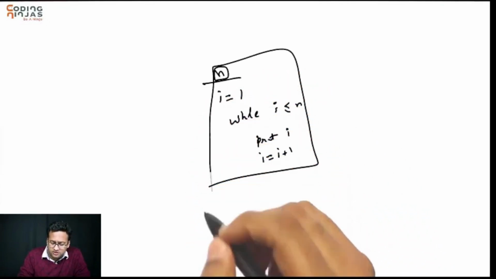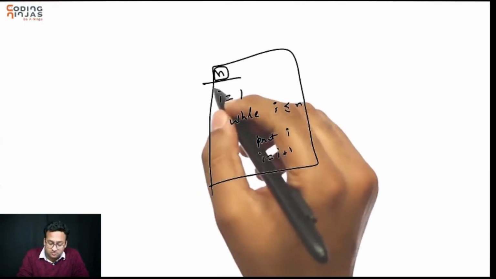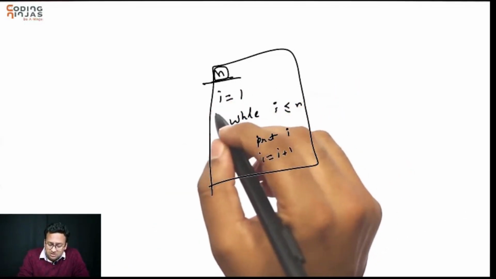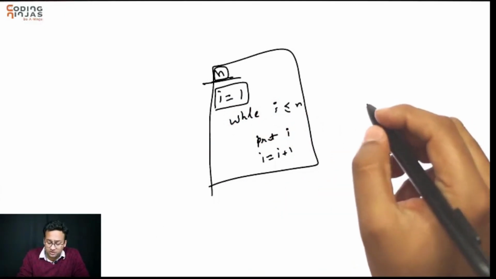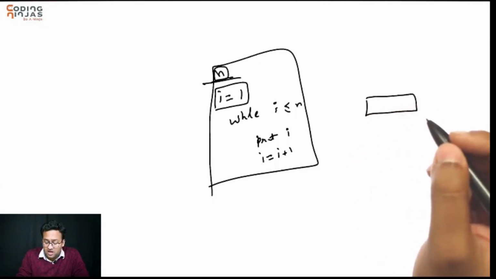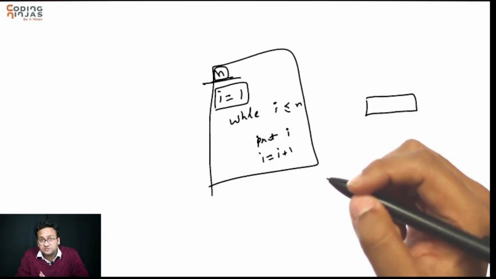So now if you look at this code, you gave it an input that was n. Now I'm just creating one variable, one extra space, just one space for an integer, and that is enough for me to execute the whole program. I don't need any extra space.